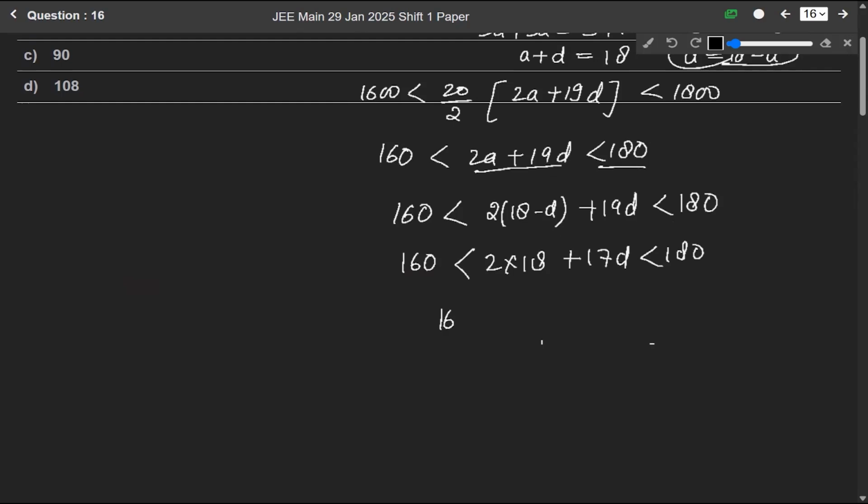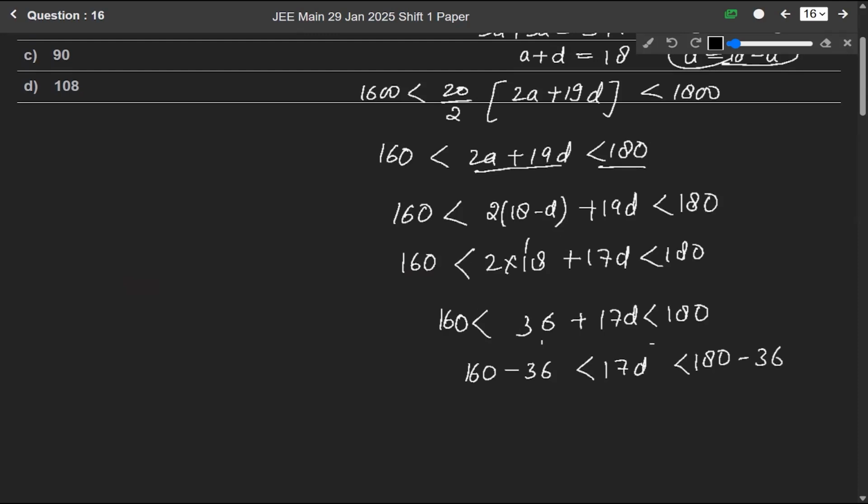So when we solve it, we get 160 minus 36, 17d, 180 minus 36.